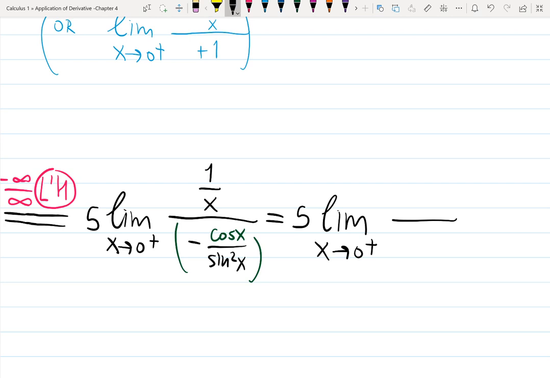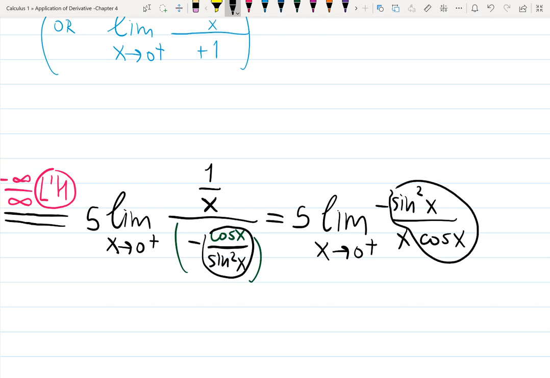So it's going to be negative sine, not x squared, negative sine squared x, that's not the same thing, negative sine squared x all over x, because x was in the denominator, and cosine x, because cosine should be in the denominator as well. Either you see it as a reciprocal of this fraction over here, right? Or multiply everything by negative sine squared x. So this is what I'm having here.